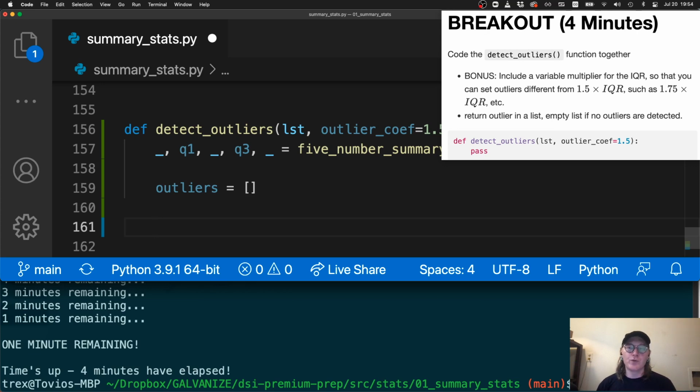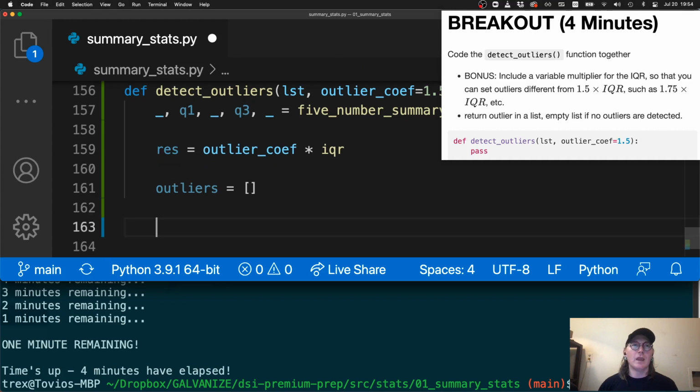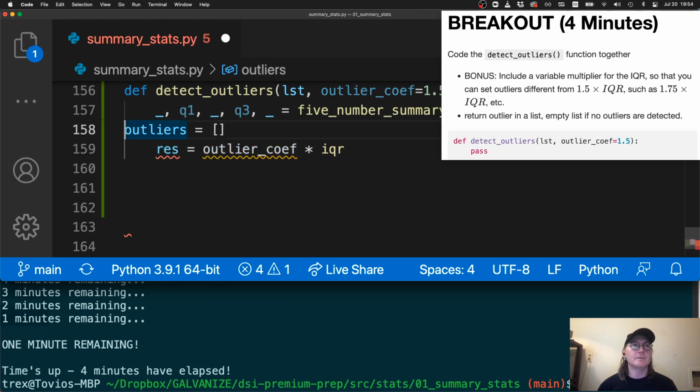We can walk through that list and determine if it's less than Q1 minus the outlier coefficient times the IQR, or greater than Q3 plus the outlier coefficient times the IQR. So we could say outlier coefficient multiplied by the IQR, and then reuse that. I'll just call it res, and maybe I'll put this above that.